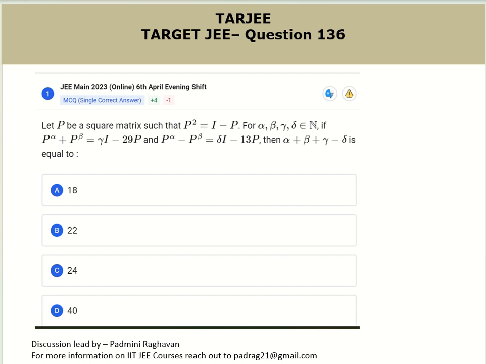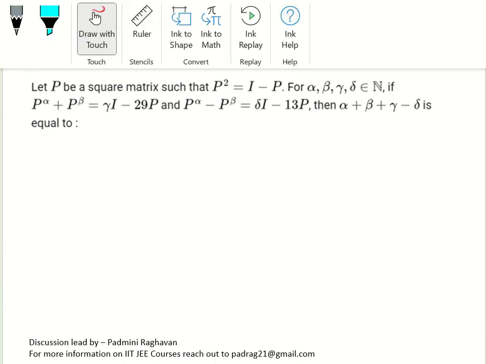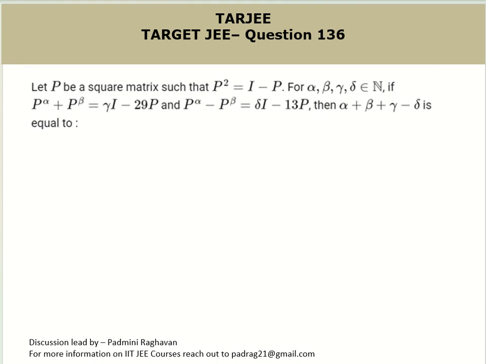A simple question on matrices. So first we are going to solve these two equations, namely P power alpha plus P power beta is equal to gamma I minus 29P, and P power alpha minus P power beta is equal to delta I minus 13P.